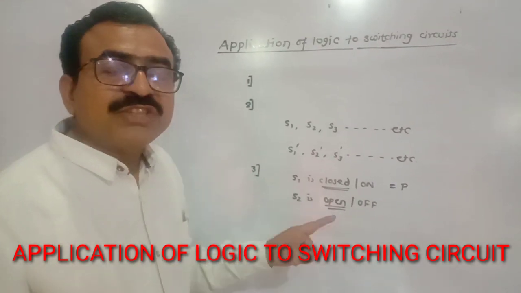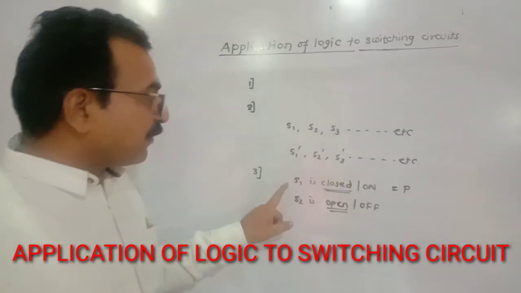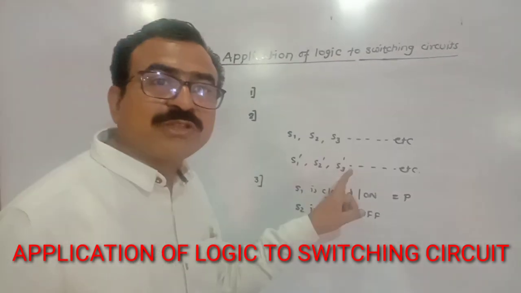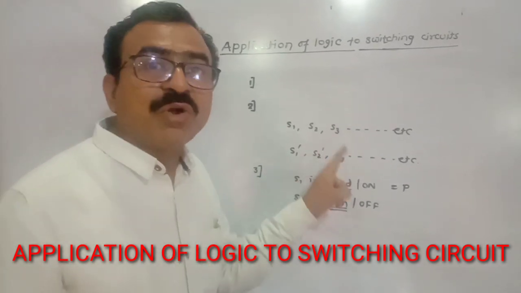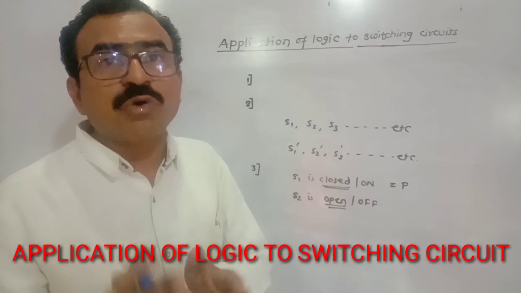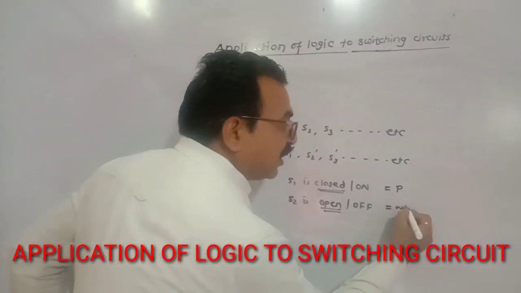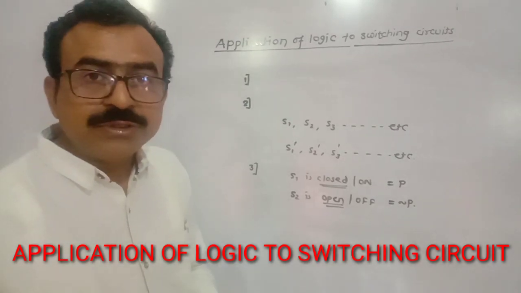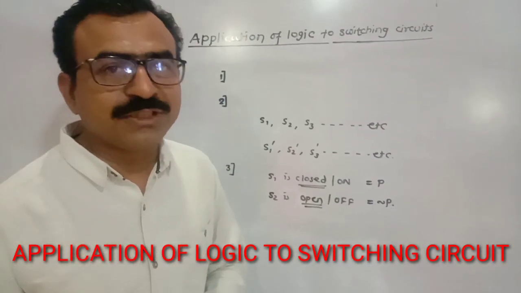The second statement is the negation of the first statement. So your first statement is S1 is close. What is its negation? S1 is not close. Not close means open. So the second statement is denoted by negation P. Understood? So friend, let us learn about switches in series and switches in parallel.